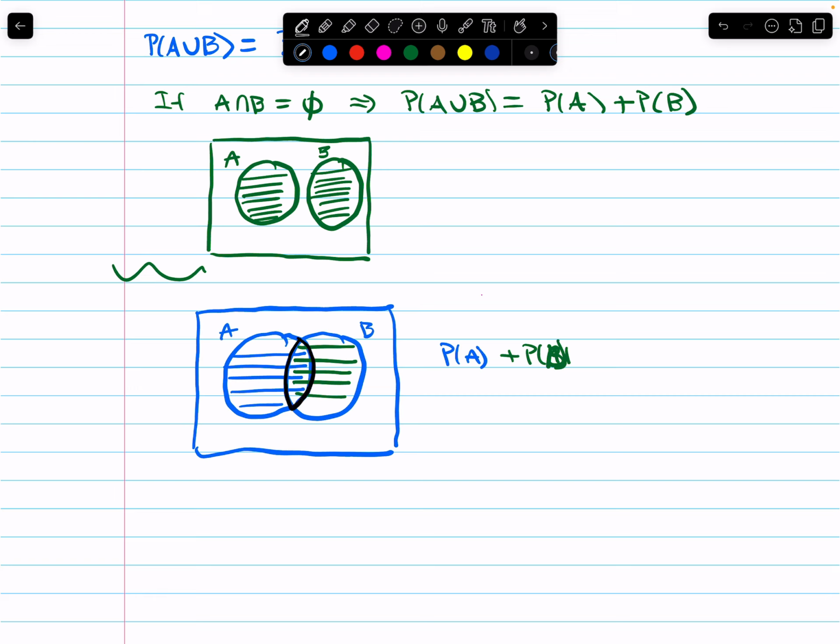And so I can subtract off one intersection of A and B, and that'll give me the union.